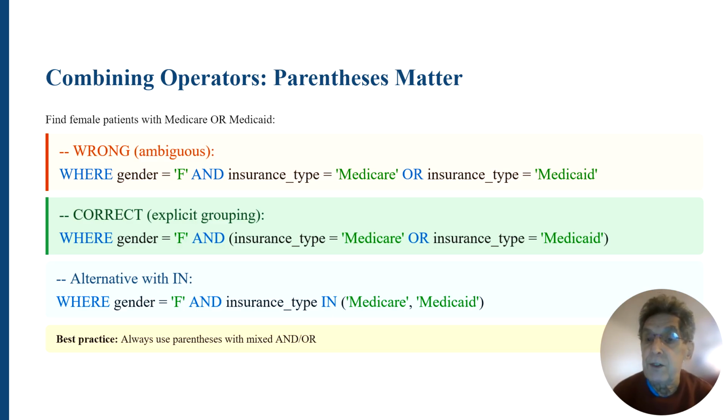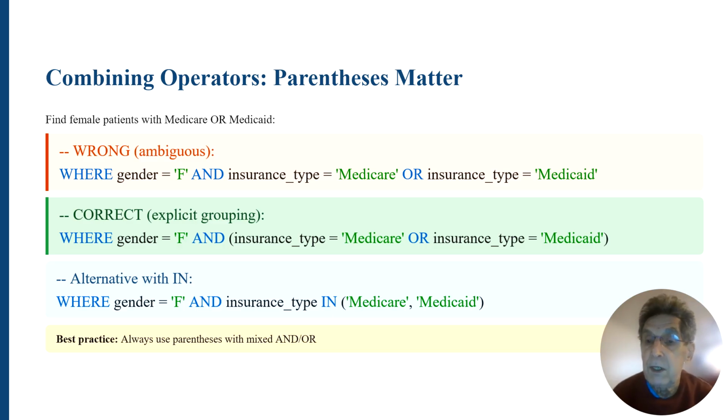So the correct version uses parentheses to make the grouping more explicit. So in this example, we say where gender equals F and, in parentheses, insurance type equals Medicare or insurance type equals Medicaid. Now it's clear. Female and either Medicare or Medicaid. The alternative is to use that IN clause that we talked about earlier.